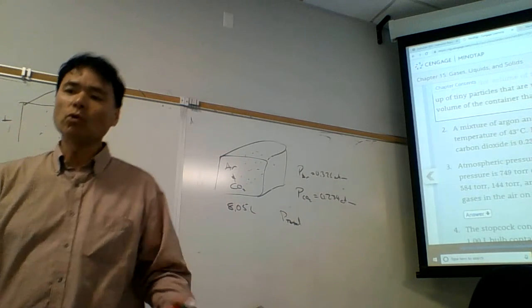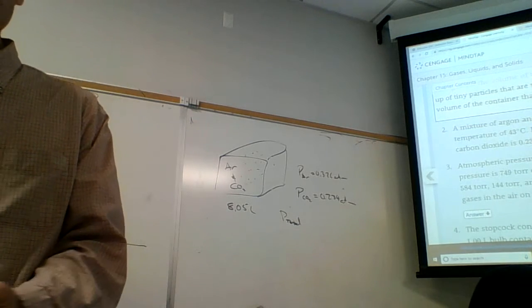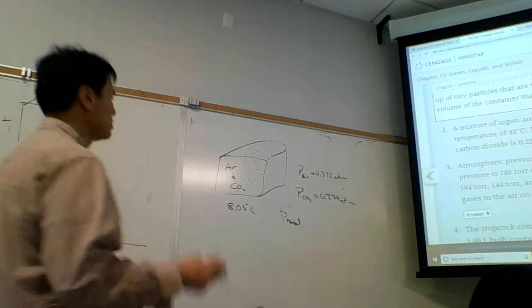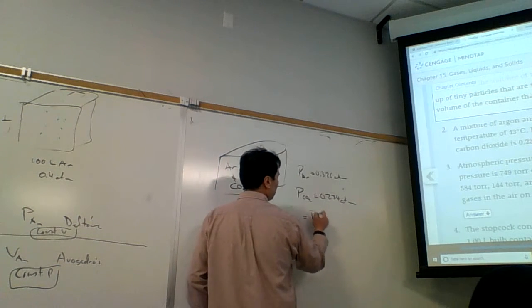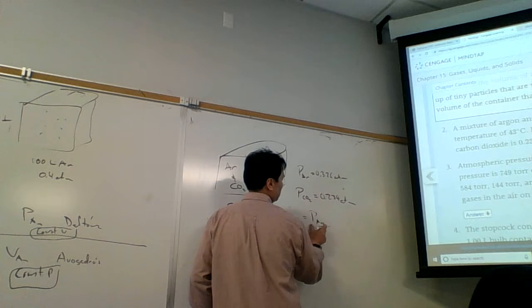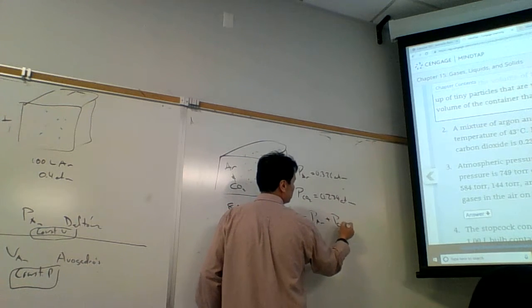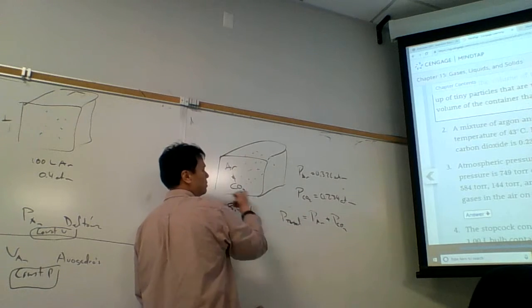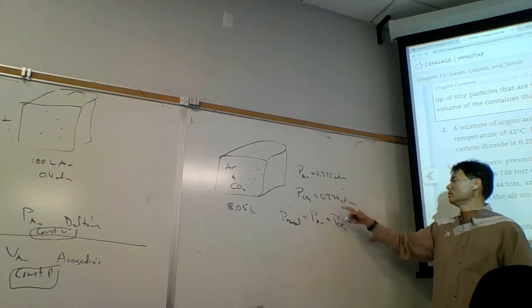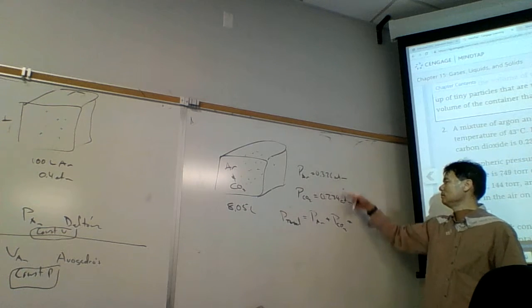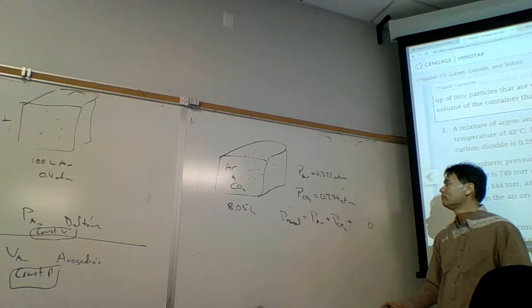Now what are the total collisions generating? The total collisions, the argon and the CO2 collisions, is just the collisions generated by the argons plus the collisions generated by the CO2. That's going to be the total pressure of the mixture. And so that's 0.326 plus 0.234, which is going to be, what is that going to be?